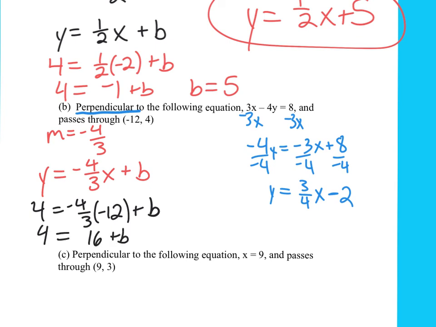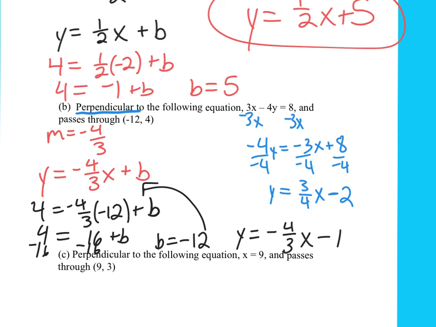So 4 equals 16 plus b. How do I get b by itself? Subtract 16. 4 minus 16 is negative 12. So my equation is y equals negative 4/3 x minus 12. Perfect.